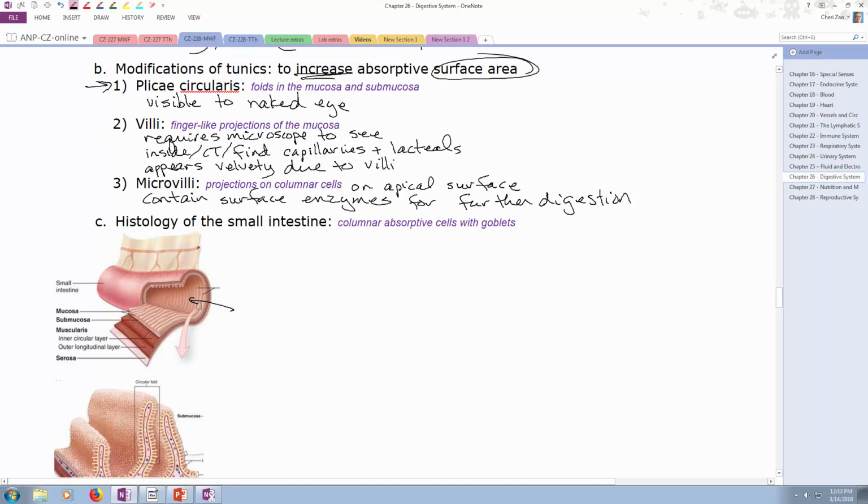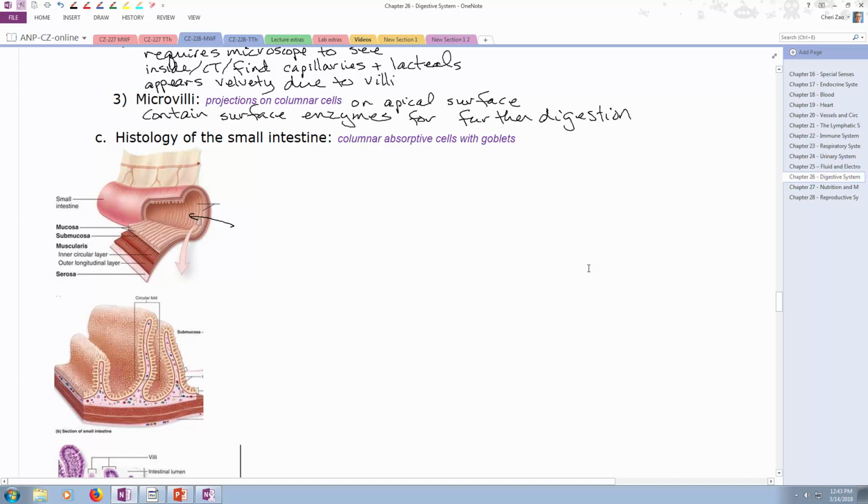We talked about in the past that you can have proteins associated with the cell membrane, and that's what we're referring to, those microvilli with apical enzymes for further digestion.